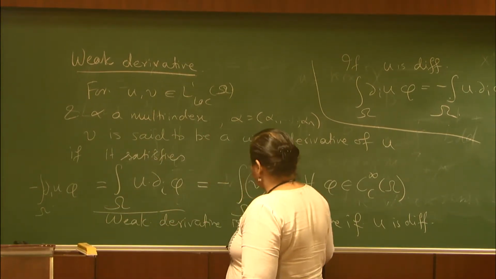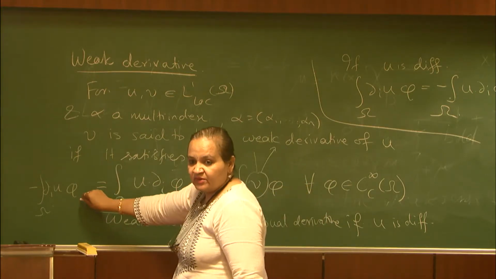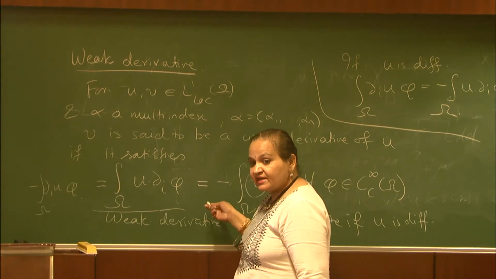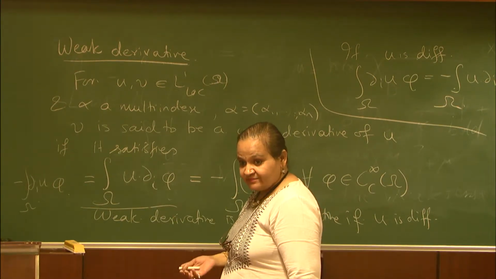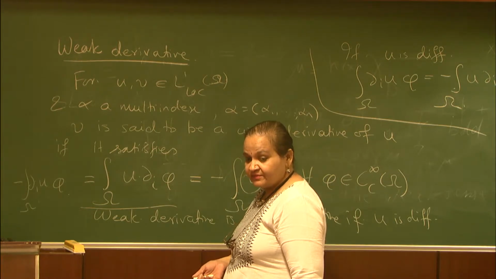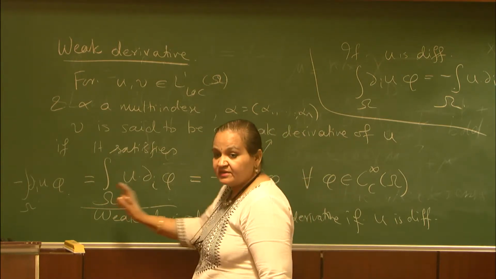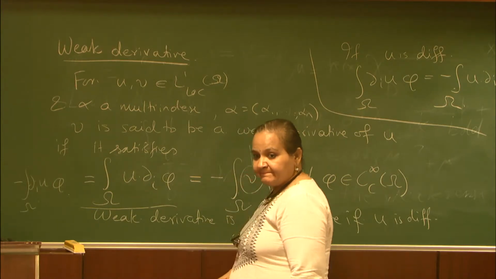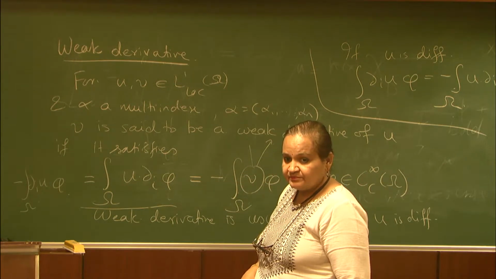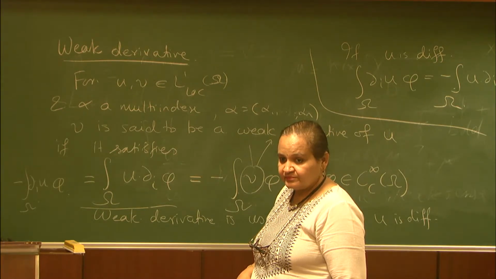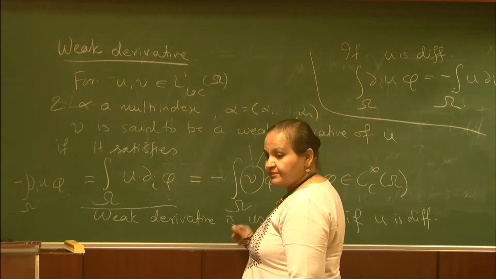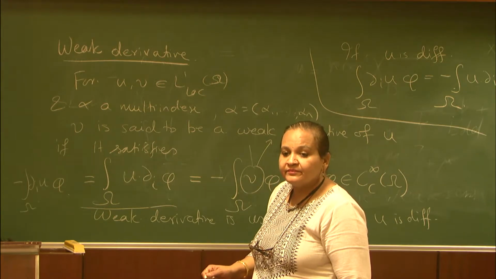So what do I have? I have this is equal to this. Is that enough to say that v is equal to di u? Almost. Equal almost everywhere. Almost. Why?